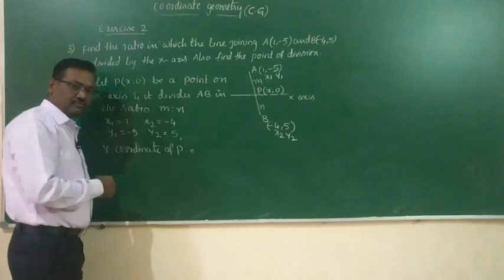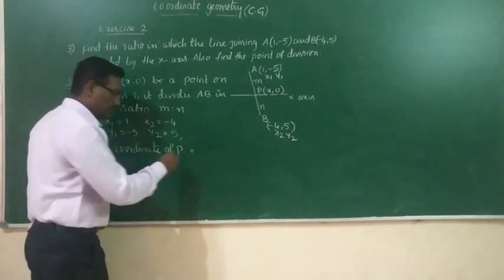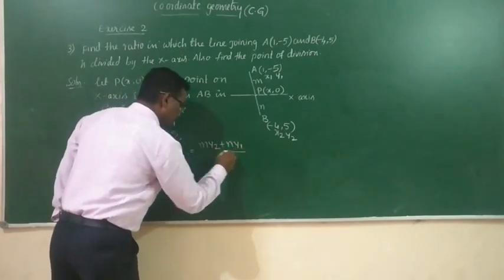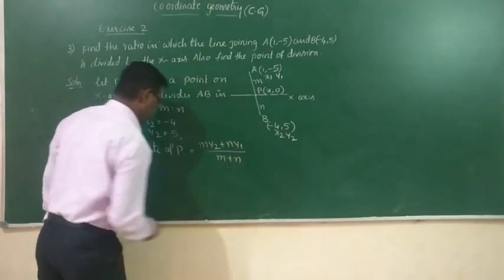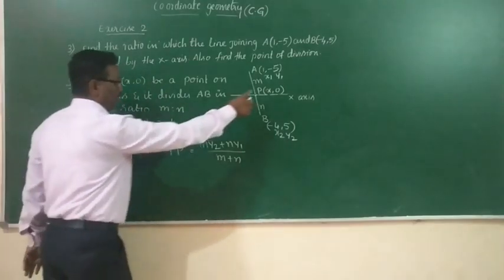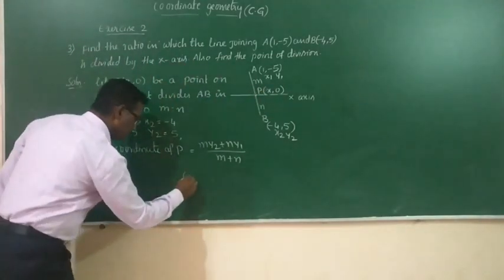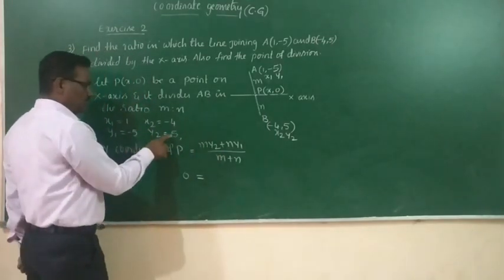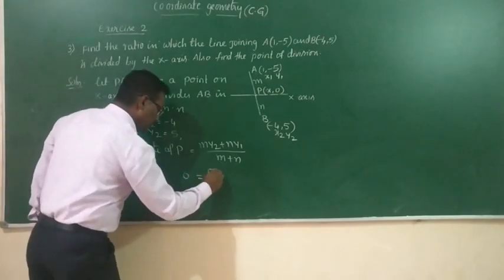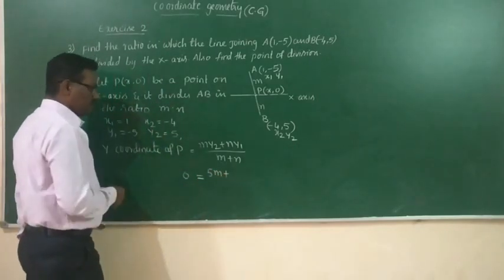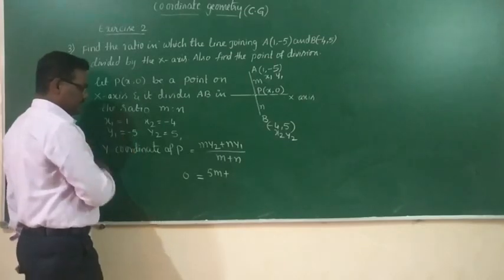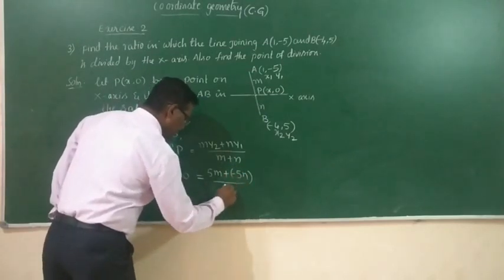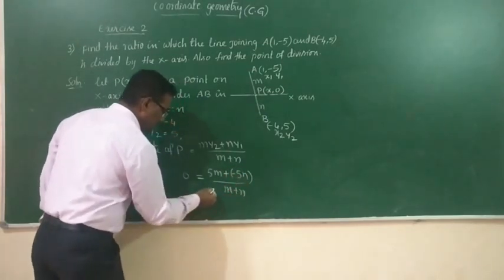The section formula for the y coordinate is (my2 + ny1) by (m + n). The y coordinate of P is 0. y2 is 5, so 5m, plus n times y1, which is -5, so -5n, divided by m + n.